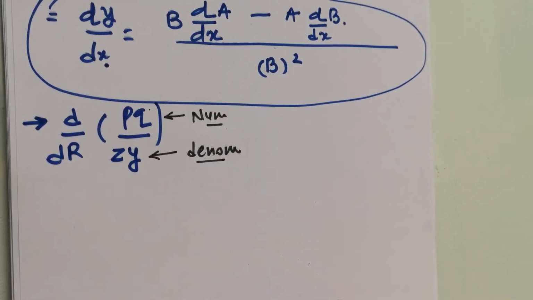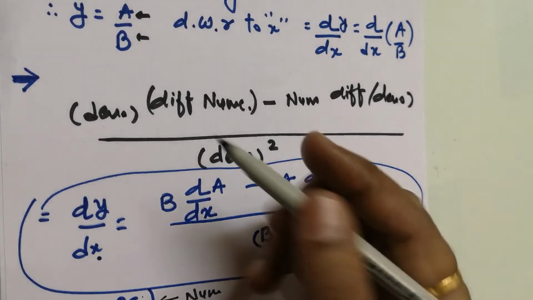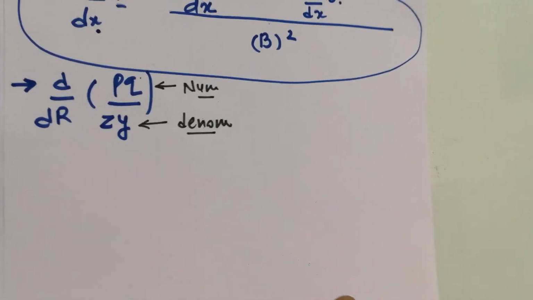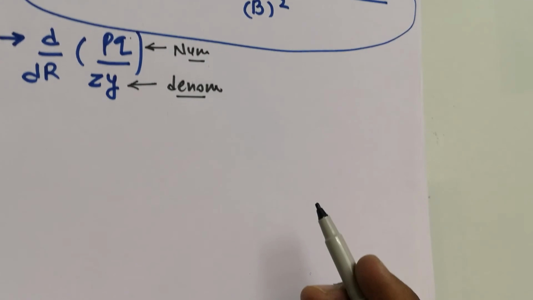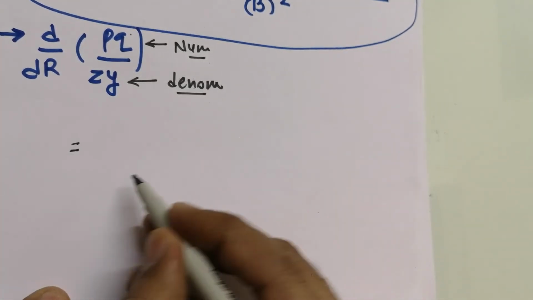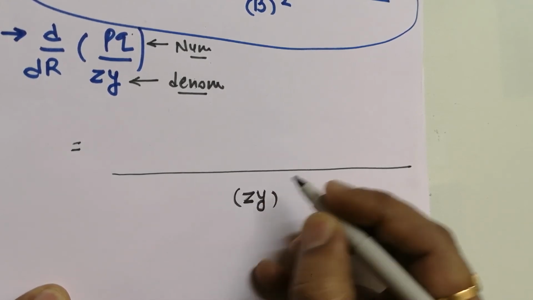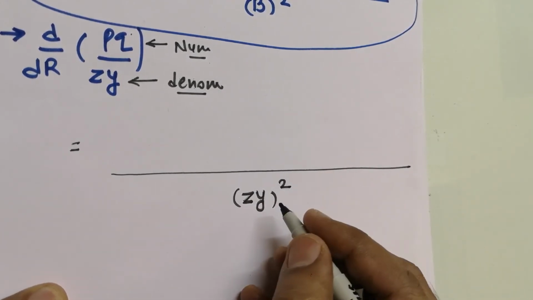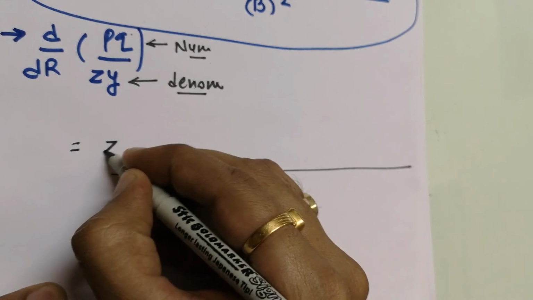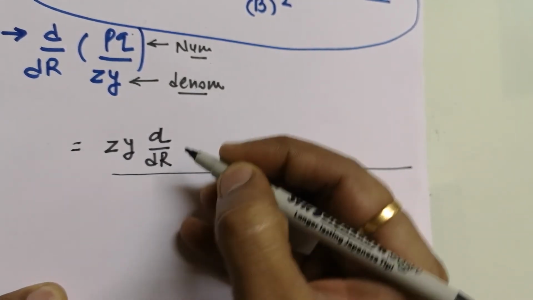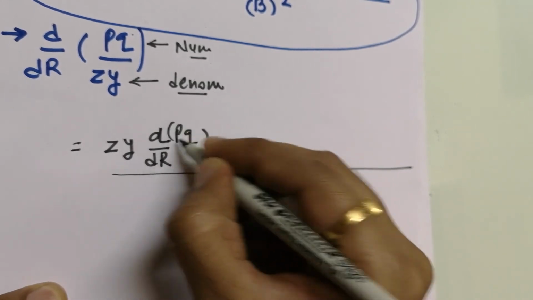So as per our formula, we have just seen that the denominator is squared, and all of this we will apply over here. Now our equation will look like this: denominator squared, it will be zy squared. You can mention z squared y squared as well. Now denominator is outside, differentiation of numerator, that is pq.